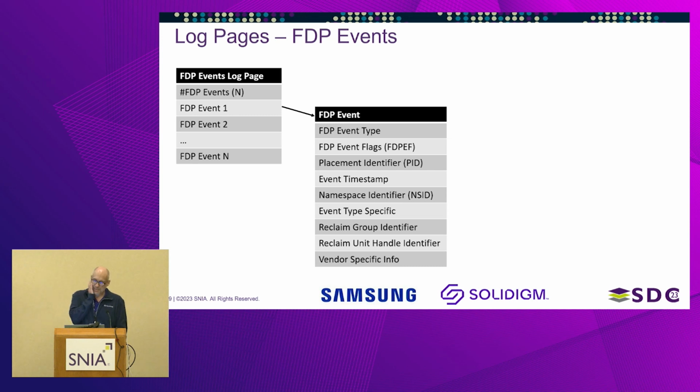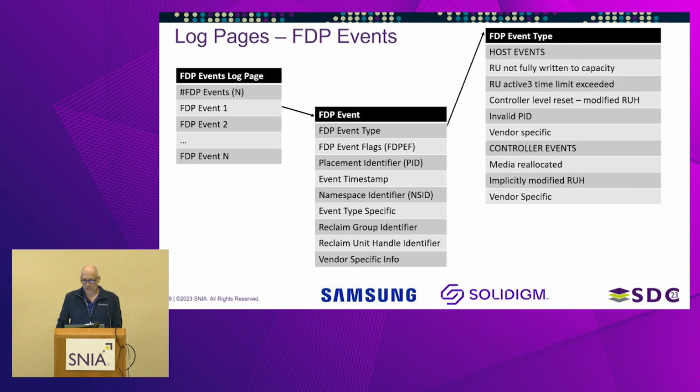And the events that you'll get from FDP are, you'll get an articulation that tells you what the event type is. There's flags associated with it, which placement identifier this event is relative to, a timestamp on it, which namespace it was part of, and then there's more specific detail on exactly what those events are.